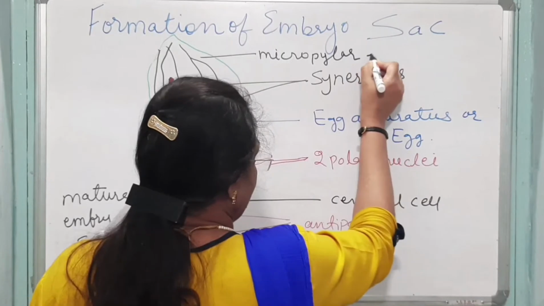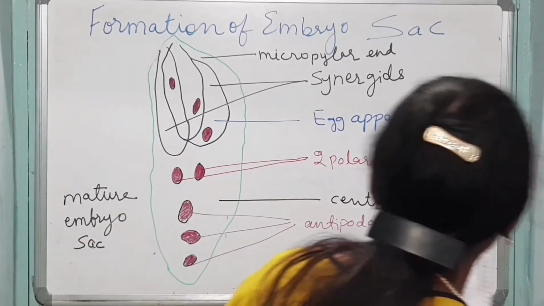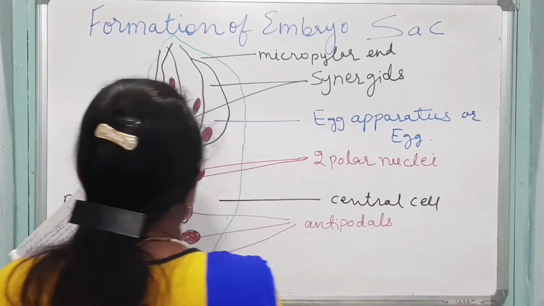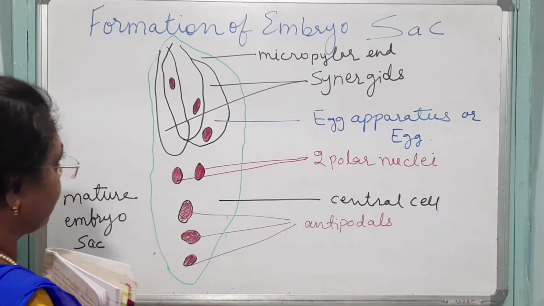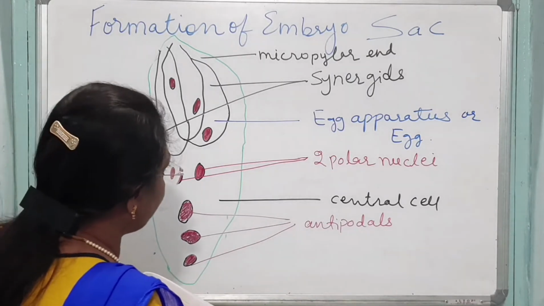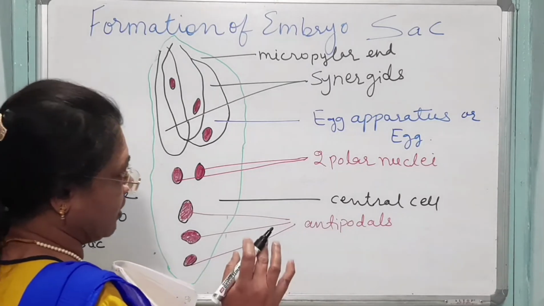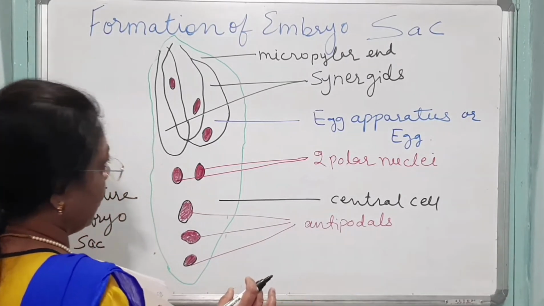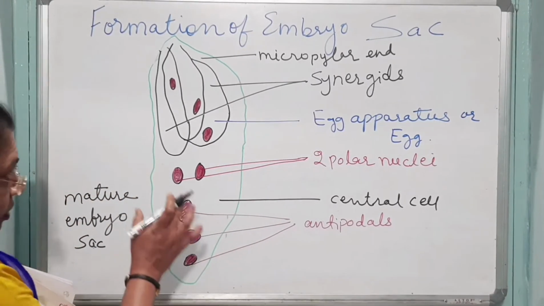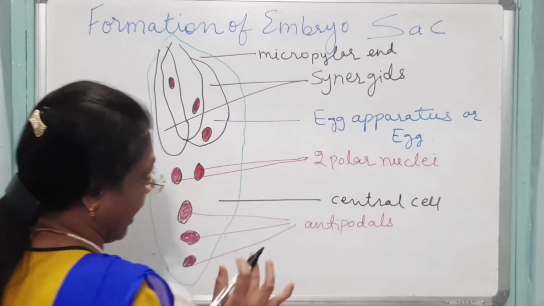Okay, this is the micropylar end. So out of the 6 nuclei which are surrounded by the cell wall, 3 migrated towards the micropylar end.